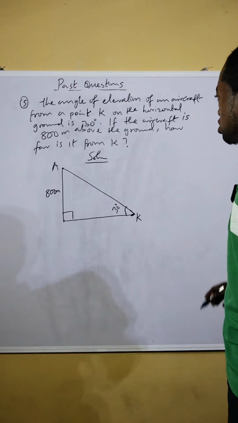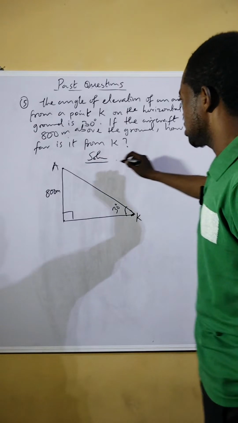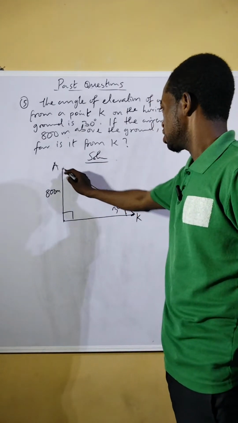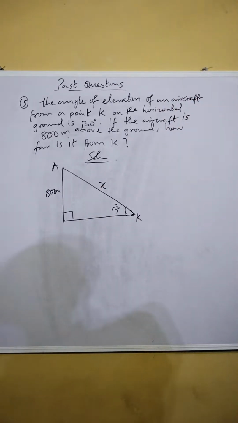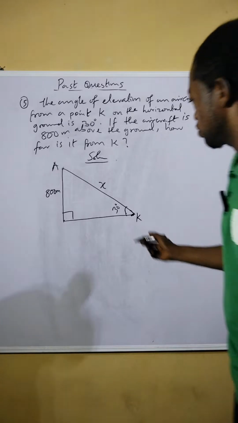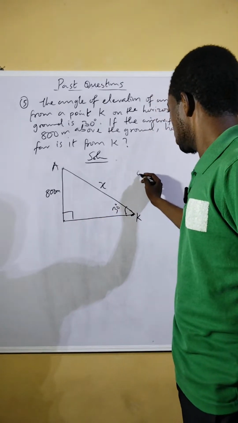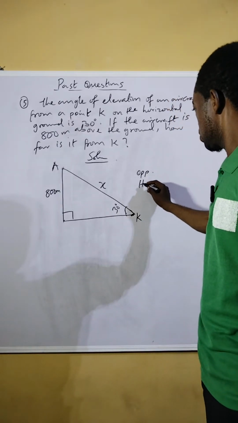Then the question says, how far is it? That is, how far is the aircraft from point K? So you are finding distance AK now. Let's label it as letter x. So here we have a right angle triangle, and for this angle 30 degrees, the opposite is 800. So we have the opposite, and we are finding the hypotenuse.